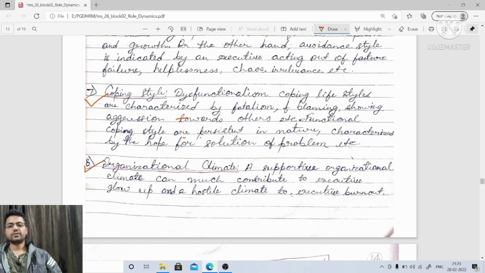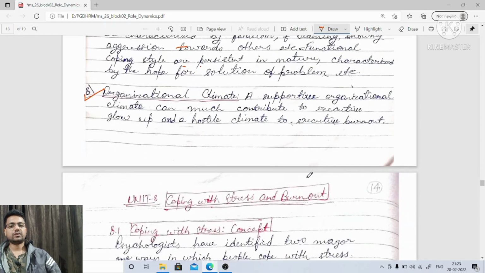Then eighth, given organizational climate. A supportive organizational climate can contribute much to executive glow up, and a hostile climate to executive burnout. So it depends on what type of climate there is in the organization.